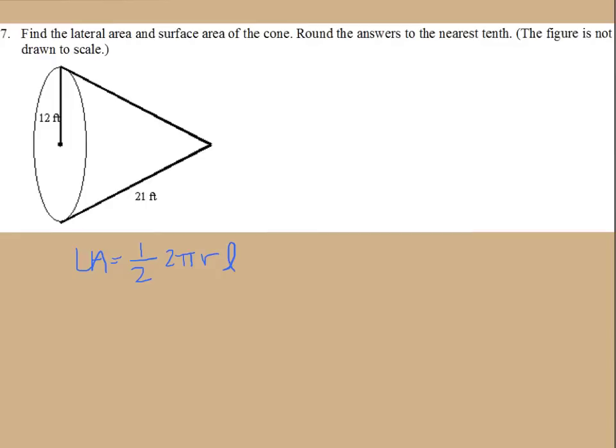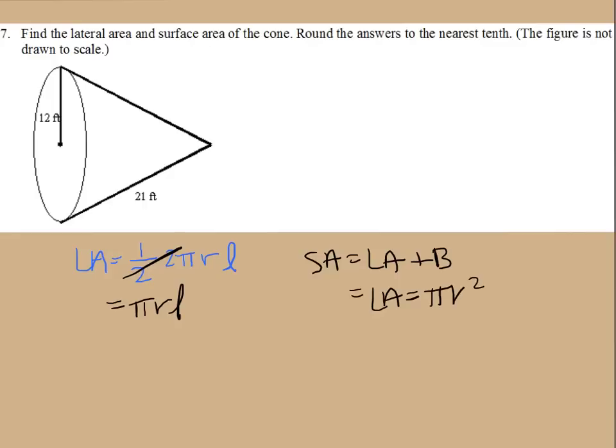Now the other formula that you could remember, this is not on the reference sheet, the one that I just wrote is on the reference sheet, but this 1/2 and this 2 cancel out, so you're just left with pi r l for slant height. And then my surface area is going to be my lateral area plus a base, and in this case I know my base is a circle, so lateral area plus pi r squared.